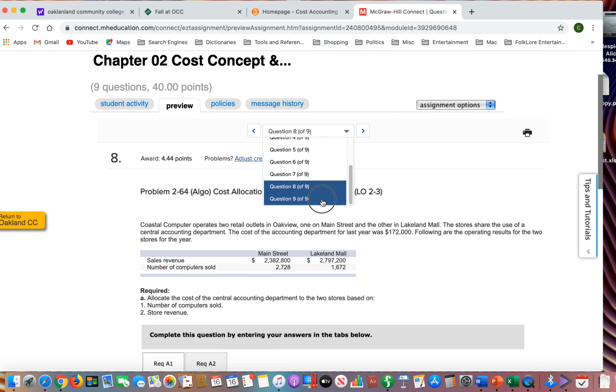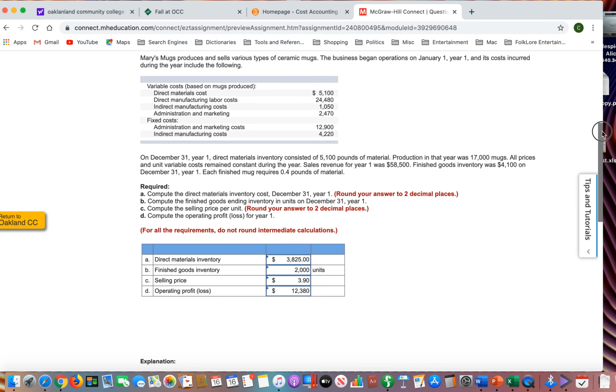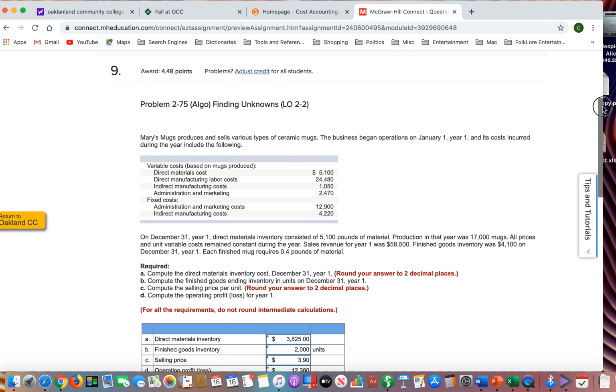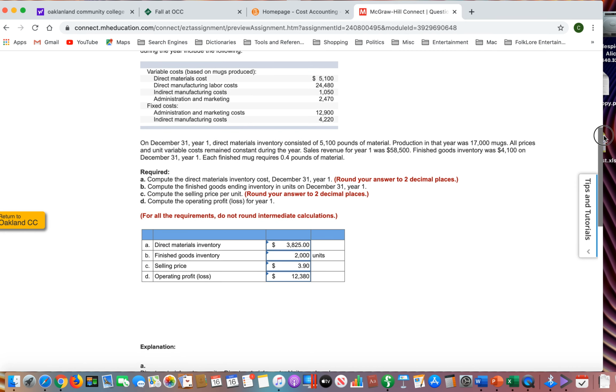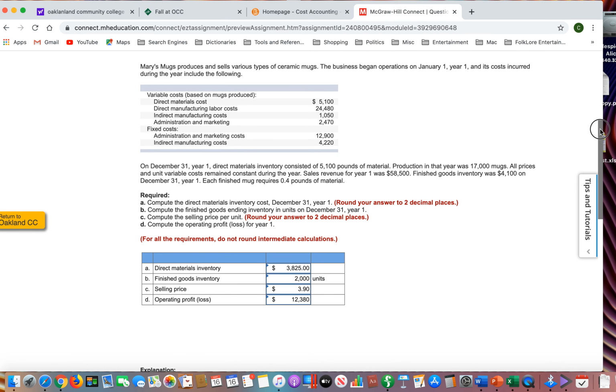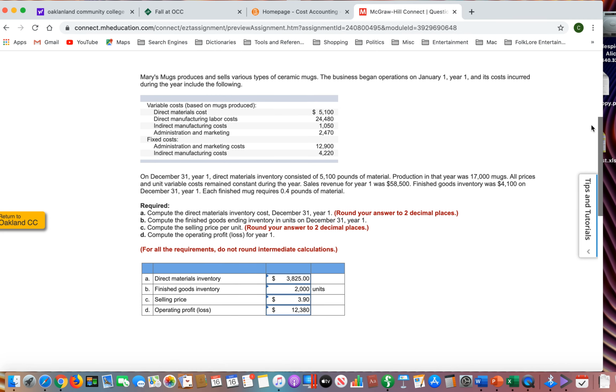And our last one here, let's see what that one's about. Yeah, and again, it's similar to what we did before. Direct material inventory. I'm not going to go into detail with it, but notice what it says here.